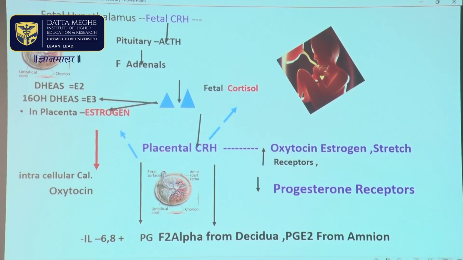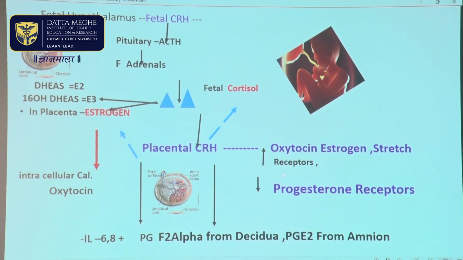What happens here? This placental CRH increases the receptors of oxytocin, estrogen and stretch receptors over the uterus, and decreases the progesterone receptors, so that the effect of progesterone is less and estrogen is more. So, during labor there is estrogen dominance, during pregnancy there is progesterone dominance.